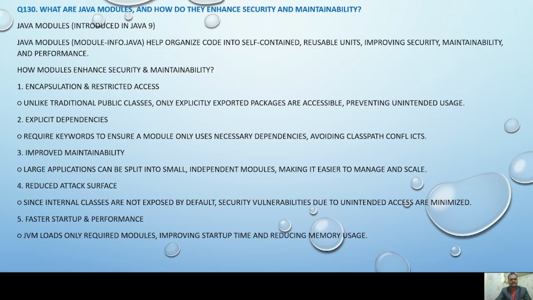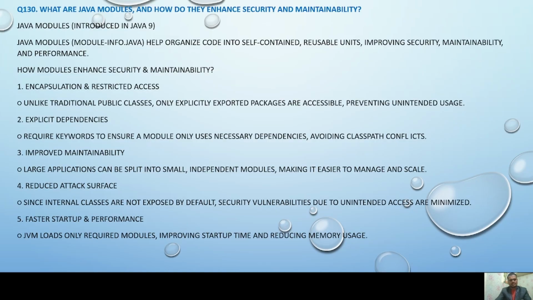Encapsulation and restricted access: unlike traditional public classes, only explicitly exported packages are accessible, preventing unintended usage. Explicit dependencies: requires keywords ensure a module only uses necessary dependencies, avoiding classpath conflicts. Improved maintainability: large applications can be split into small, independent modules, making it easier to manage and scale.